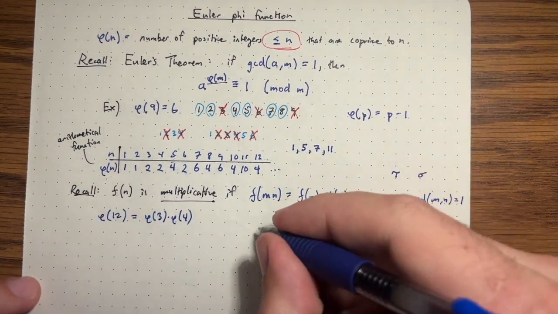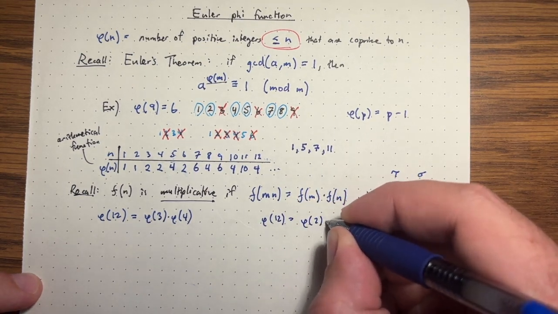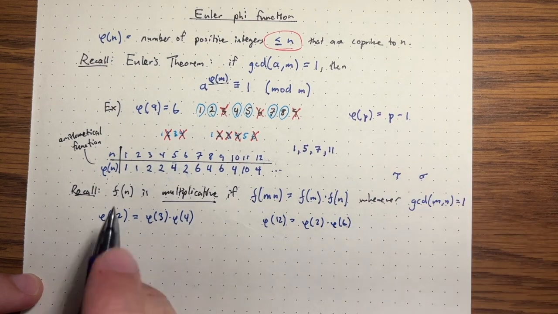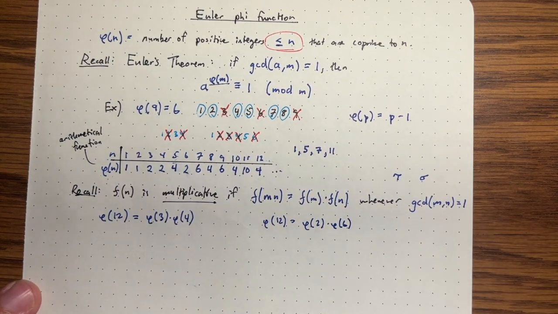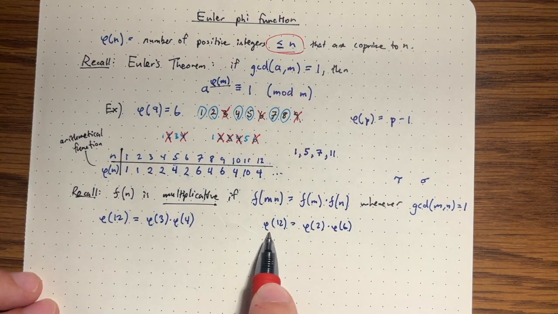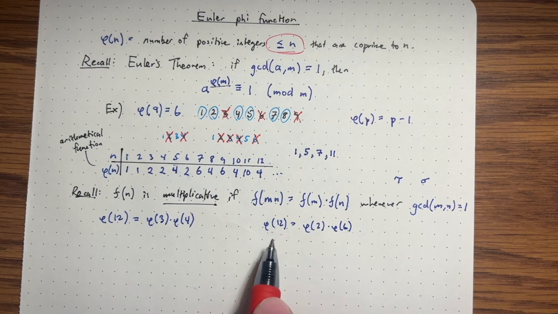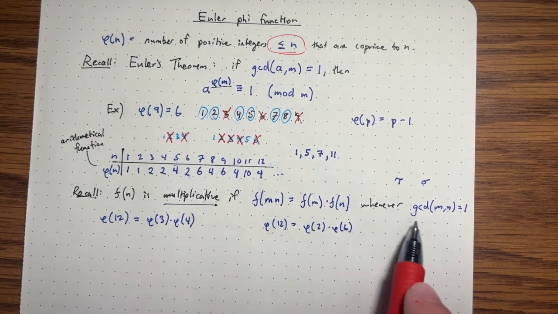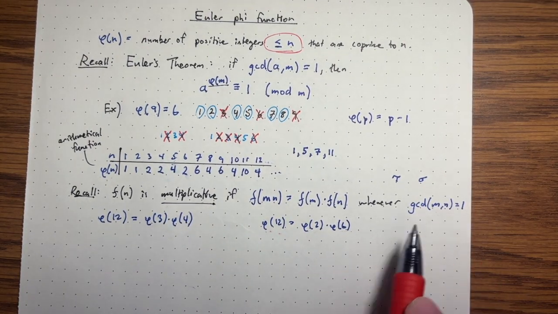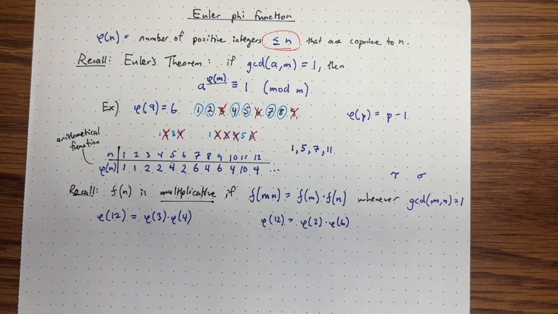But notice phi of 12 is not phi of 2 times phi of 6. Phi of 2 is 1, phi of 6 is 2. 1 times 2 is not 4. But that's okay. A function is only called multiplicative if, whenever m and n are coprime, this property holds.